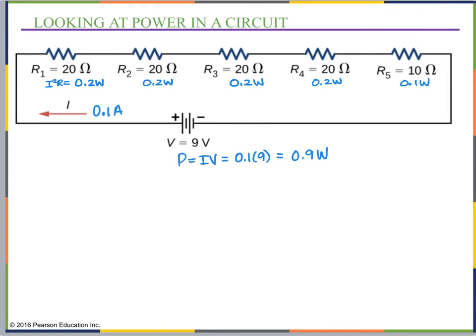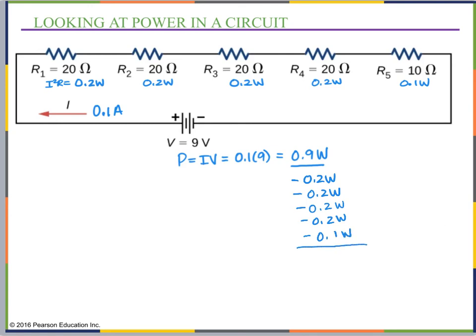And if you look at how the values compare, you notice that 0.9 watts of power was delivered as the current traveled through the battery, but then we lost 0.2 watts through the first resistor, another 0.2 watts through the second, and the third, and the fourth, and finally through the fifth we lost 0.1.